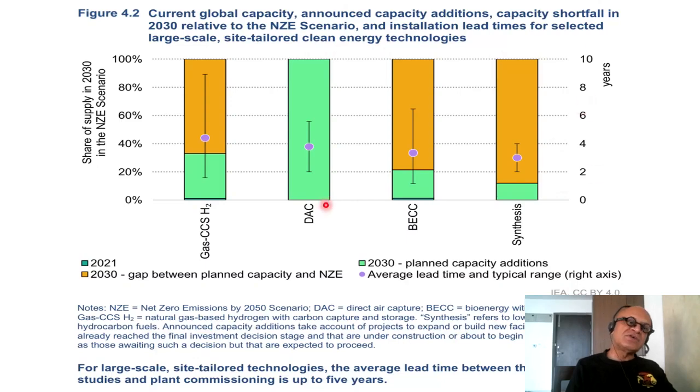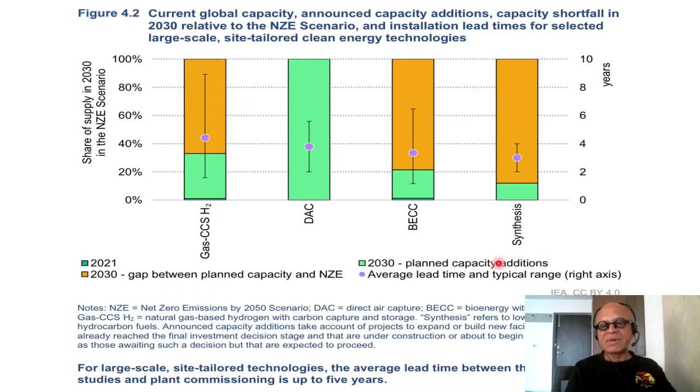Here we are looking at years and share of supply in 2030 for the net zero emissions. Gas, so this is carbon capture and sequestration H2, so this is 2021 in green and 2030 in orange, and the gap between planned capacity and net zero.